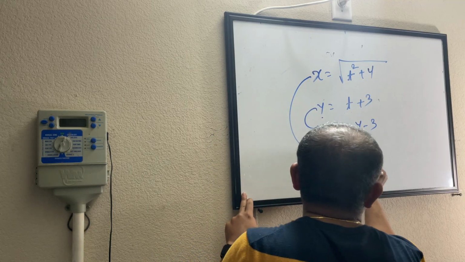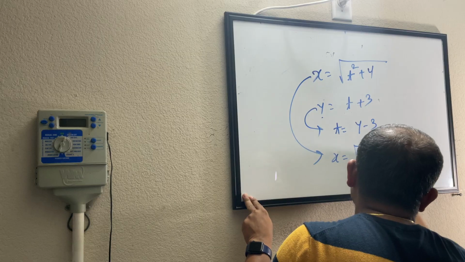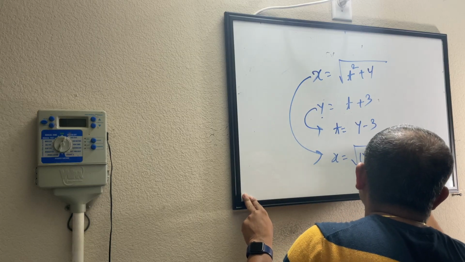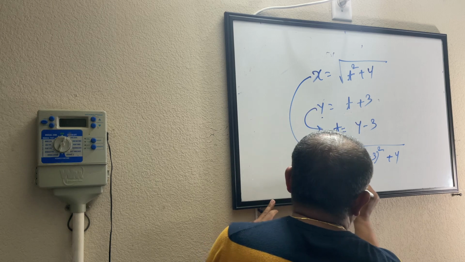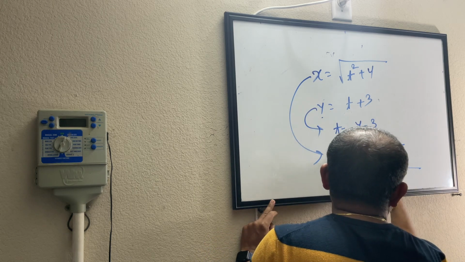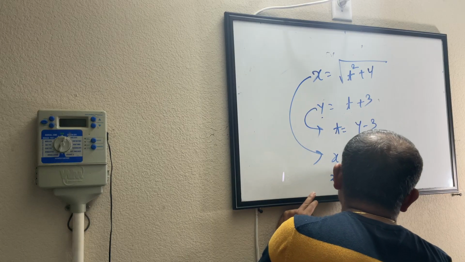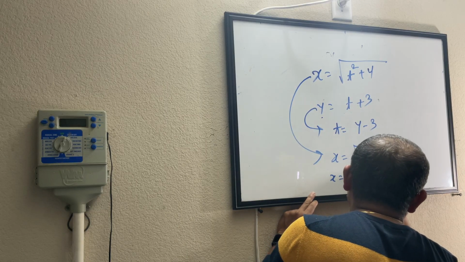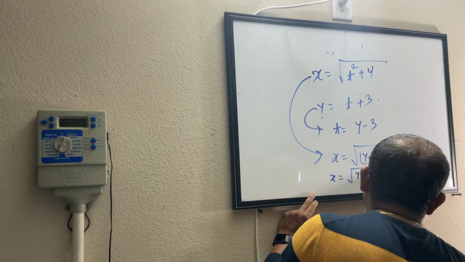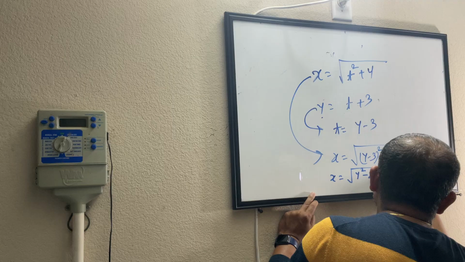So x equals t squared plus 4, with t as y minus 3, which means x equals square root of (y minus 3) whole square plus 4. (a minus b) whole square is a squared minus 2ab, so 2 into 3 into y, plus b square, which is 3 square, 9, plus this.